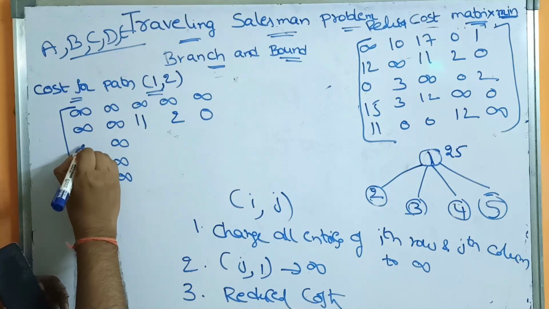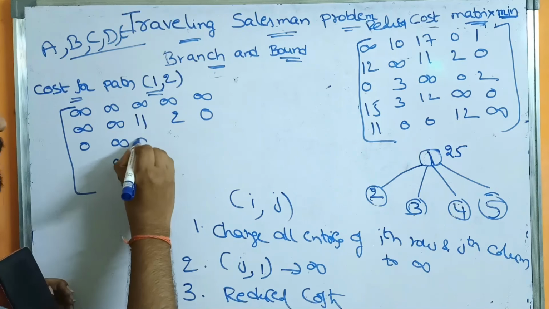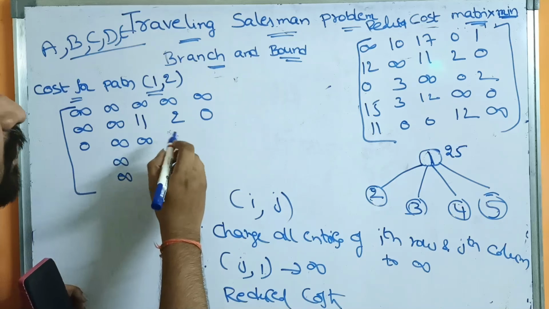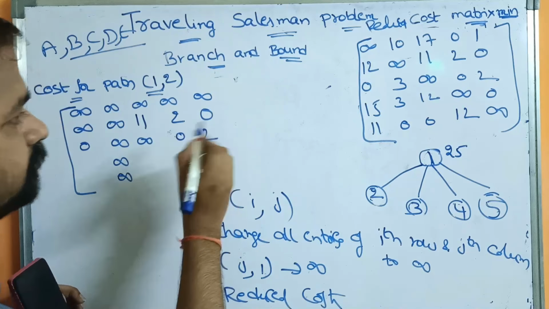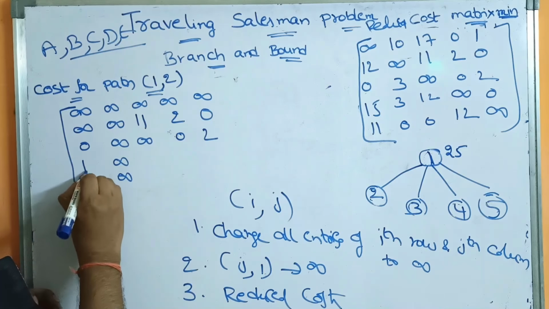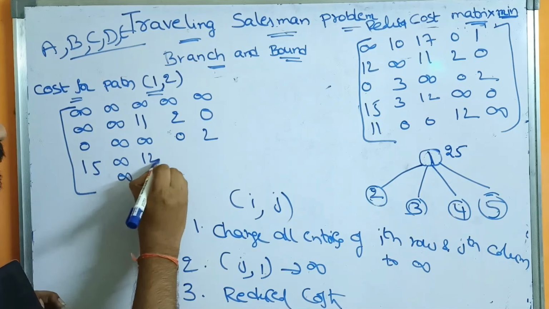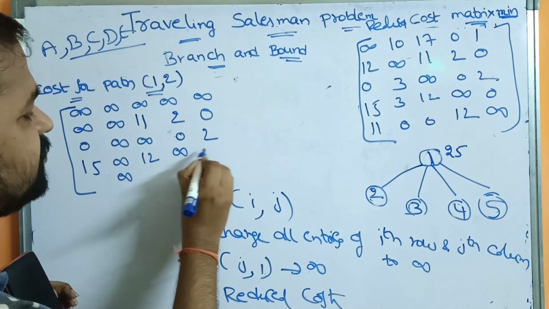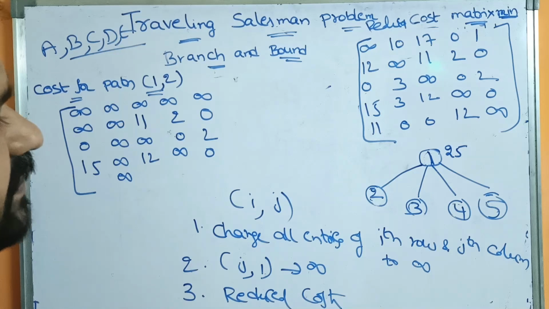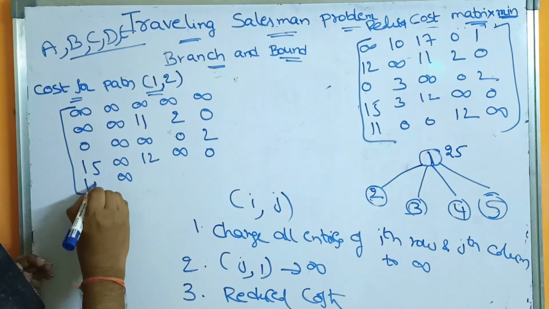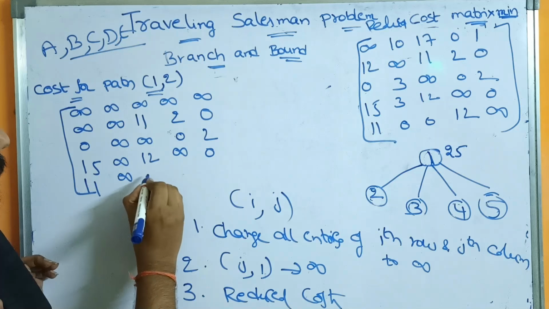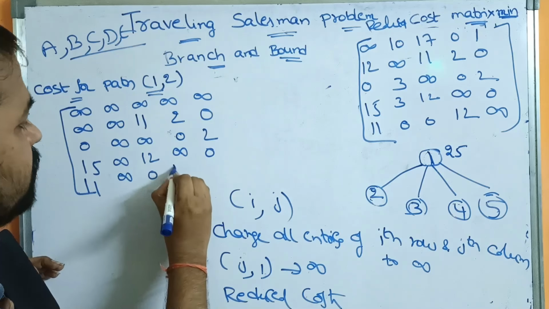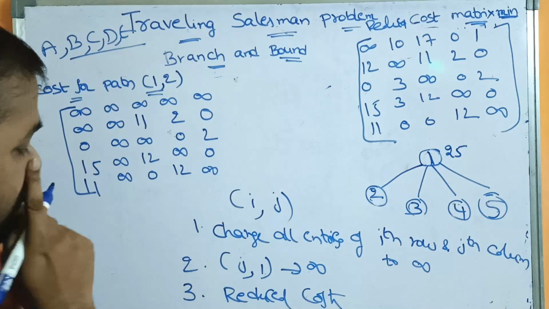Next, 0, infinity, 0, 2. Next row: 15, 12, infinity, 0. Last row, remaining values: 11, 0, 12, infinity. So what is the last step?